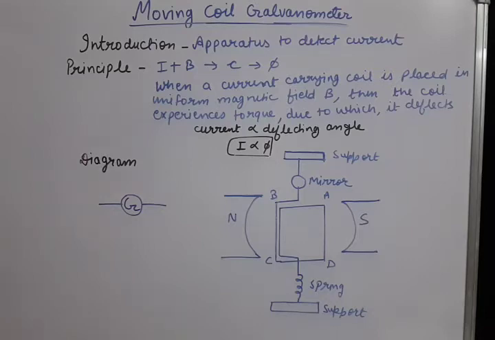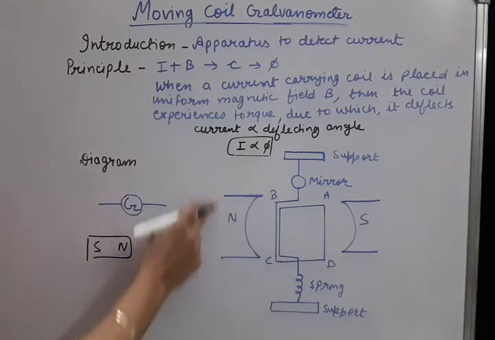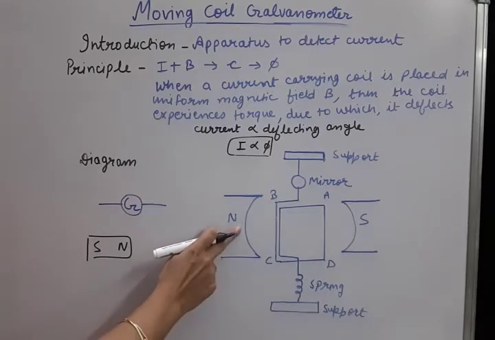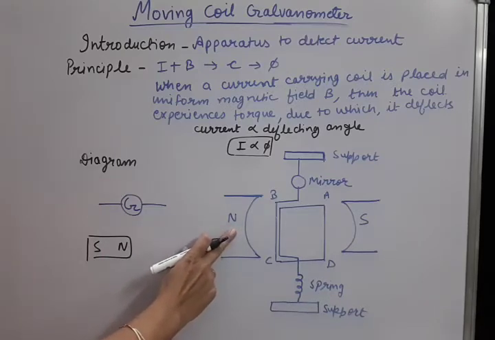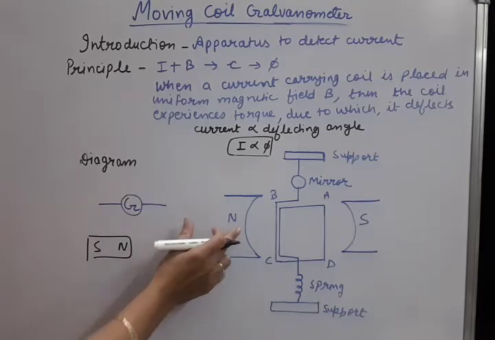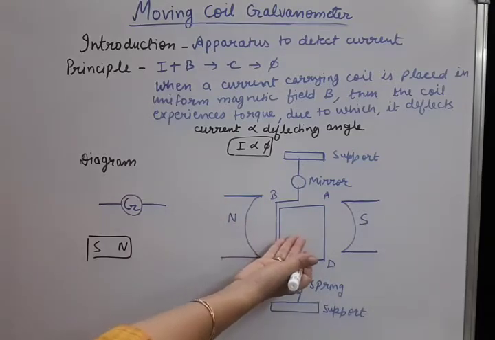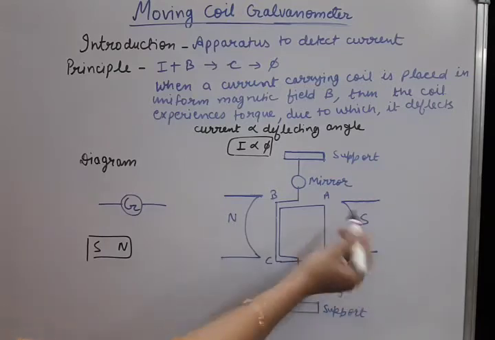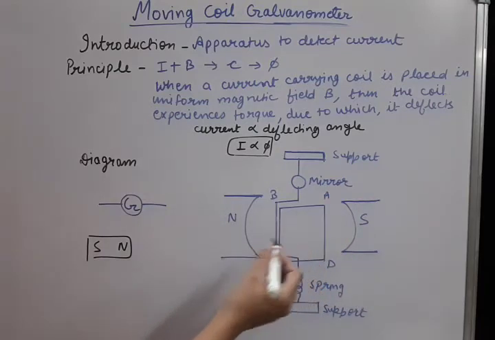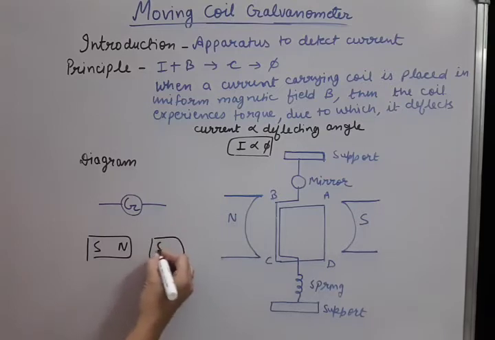For this I'll explain with the help of the north pole and south pole magnetic field. See, this is only the part of the magnet. North pole is only shown. Monopole does not exist, but we have here taken the full magnet, and we want the north pole facing the coil on this side, and of the whole magnet on the other side we want the south pole facing the coil.